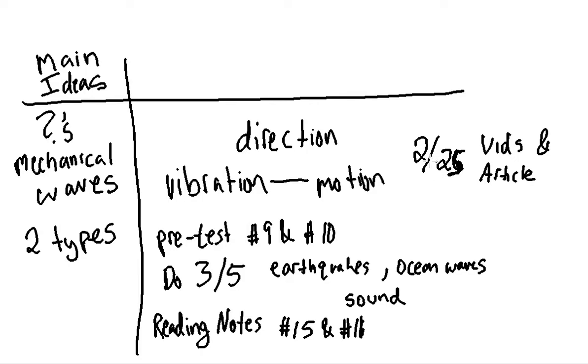So check those out if you haven't seen any of these videos or articles. I mean, it's a little bit late for you to be looking at all of them, but everything right here is going to prepare you for that question on your quiz. This is a 4-point question. You need to name both of the types of mechanical waves, and you need to be able to describe the difference. And again, it all has to do with the direction of the vibration versus the direction of the wave motion.